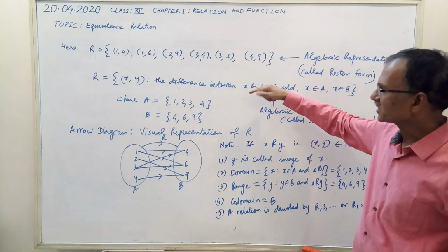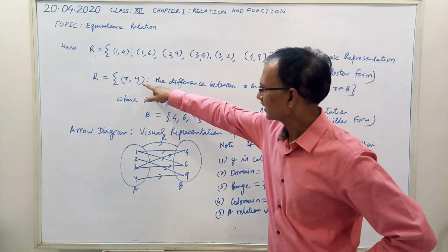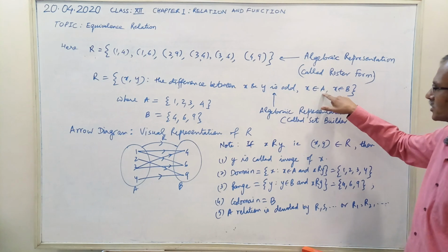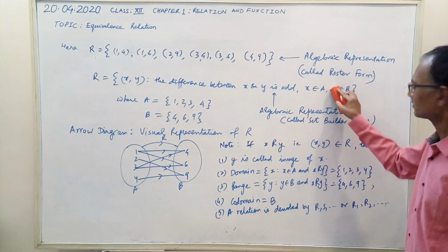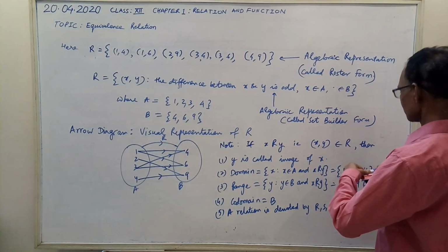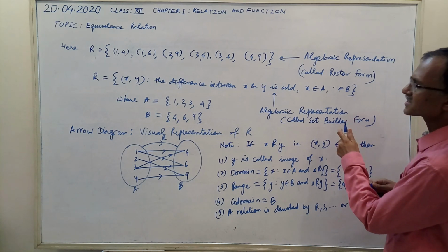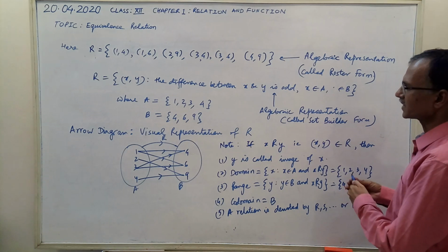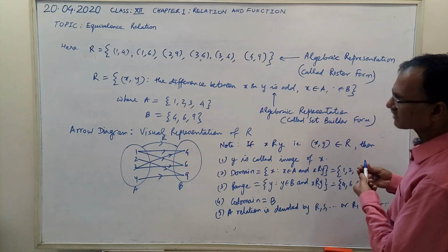This was obtained from the definition of R. R is given as (x, y) such that the difference between x and y is odd, where x belongs to A and y belongs to B. A is coming from the given set 1, 2, 3, 4, and B is coming from the set in which the elements are 4, 6, 9.